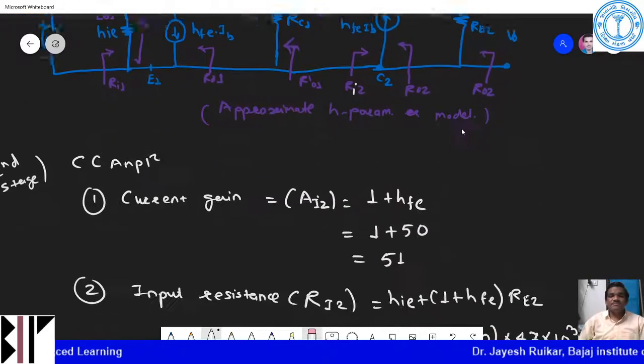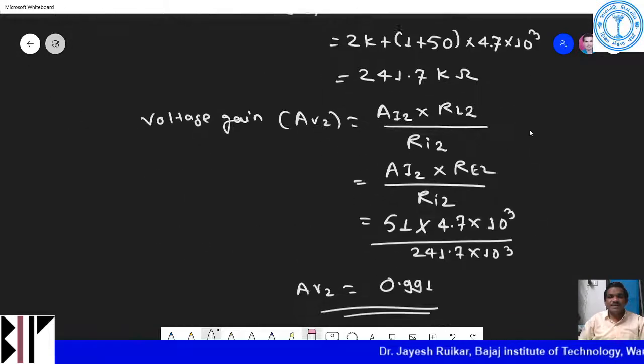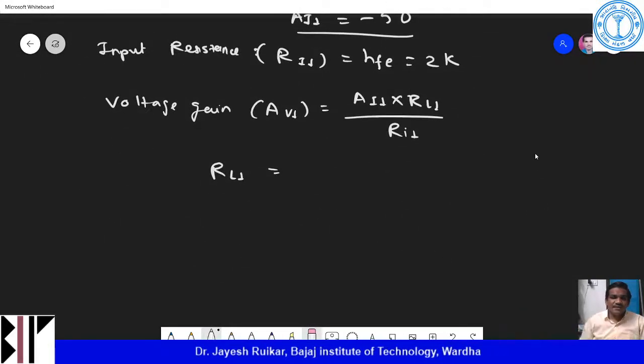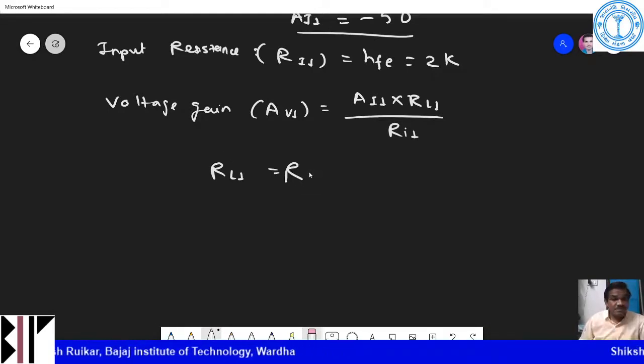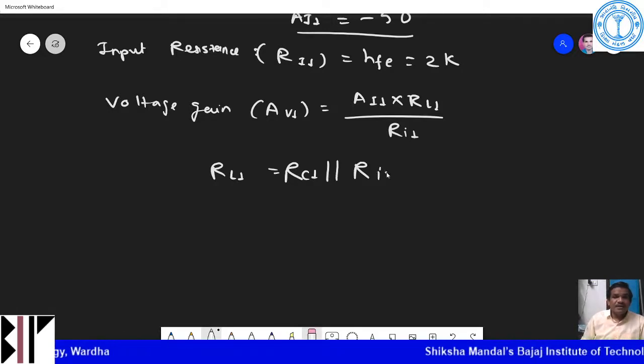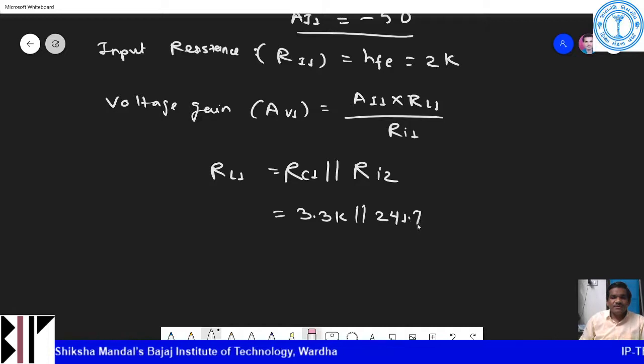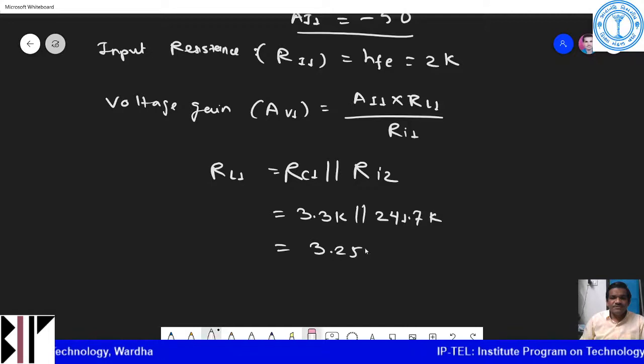So RC1 parallel with Ri2 is nothing but my RL1. So 3.3K is my RC1, which is in parallel with 241.7K, and this comes out to be 3.25k. This is my RL1.